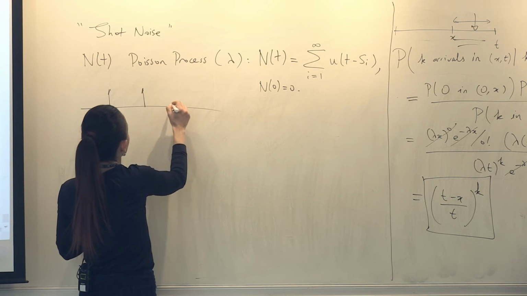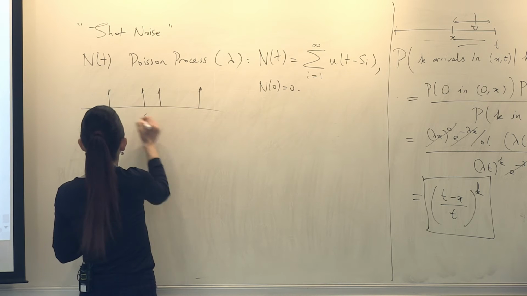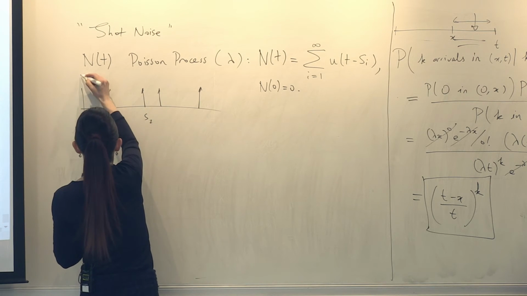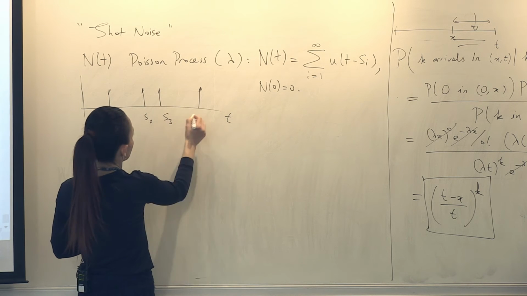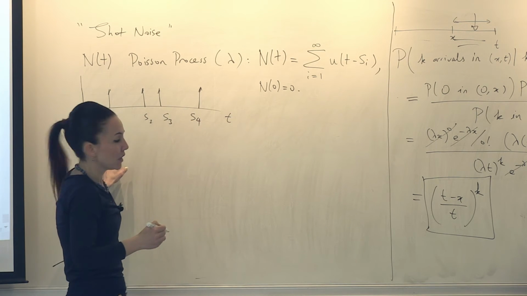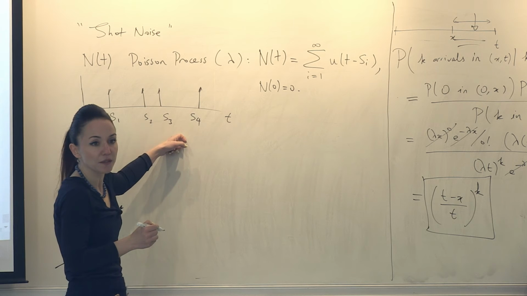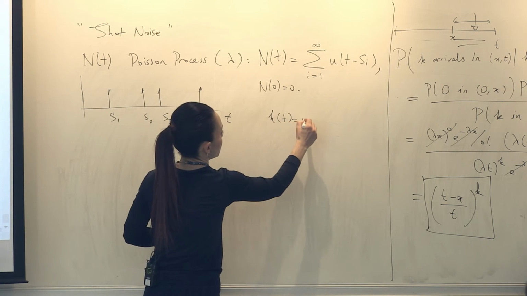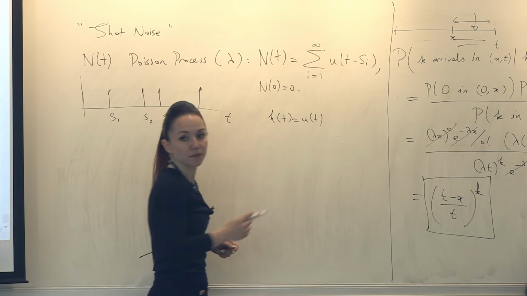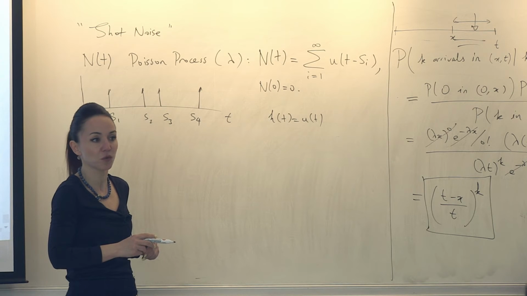when I have impulses occurring at S1, S2, this is time 0, this is t. If I pass this impulse train through a filter h of t equals u of t, this is what I get. You already studied this in your signal processing course.